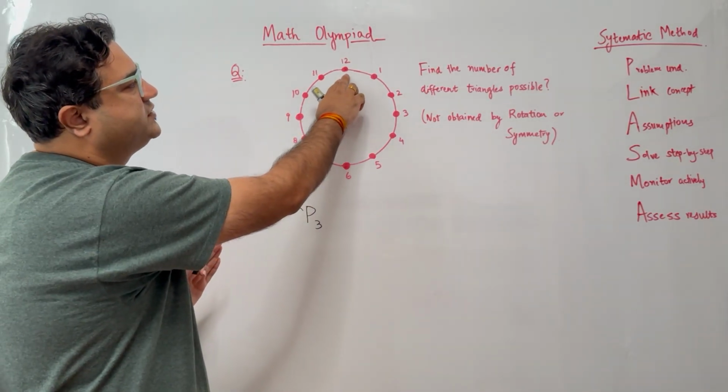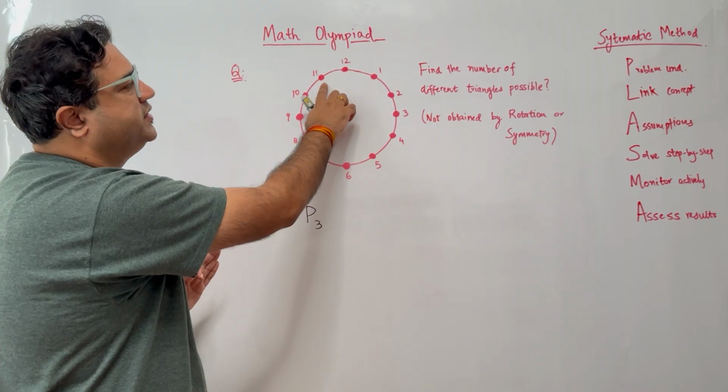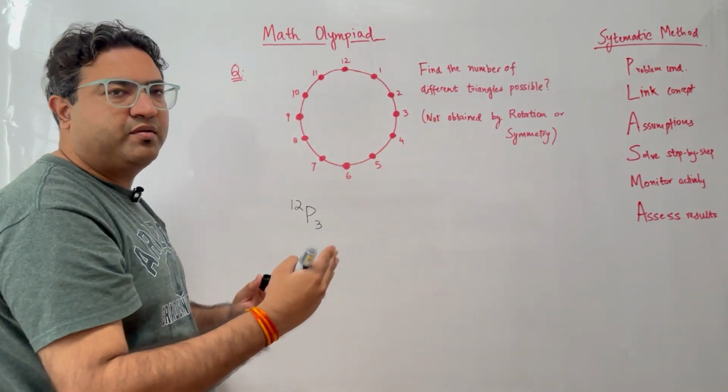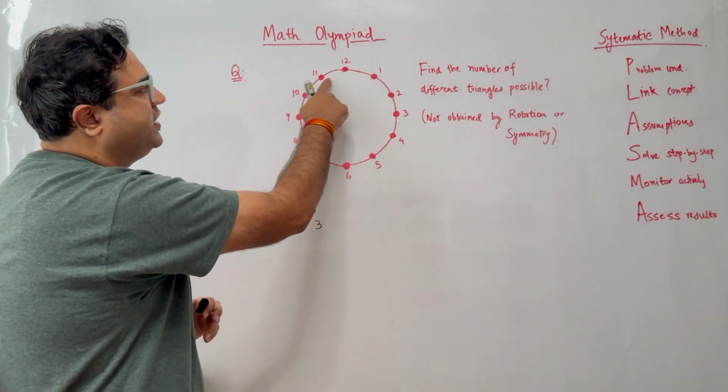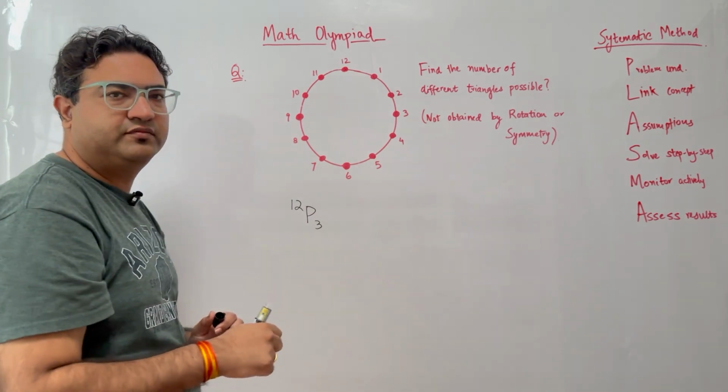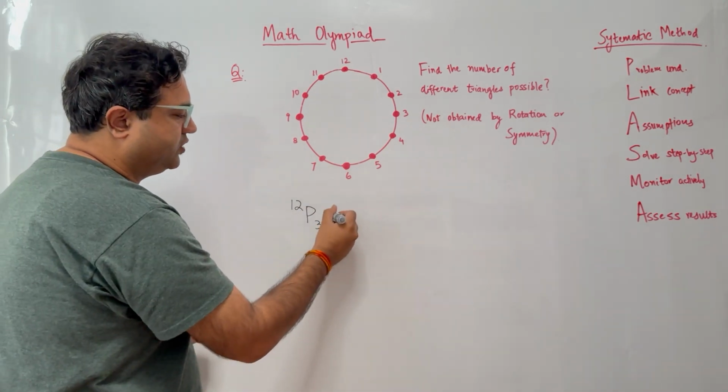It's not like this is labeled 12, this is labeled 1, this is labeled 11. And the orientation of these 3 points, like 12, 11 and 1, is not a different triangle than 12, 1 and 11. So this will not work.